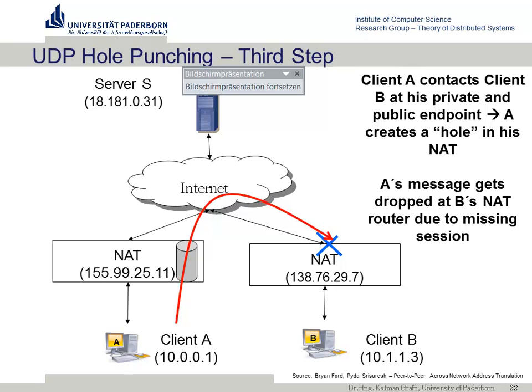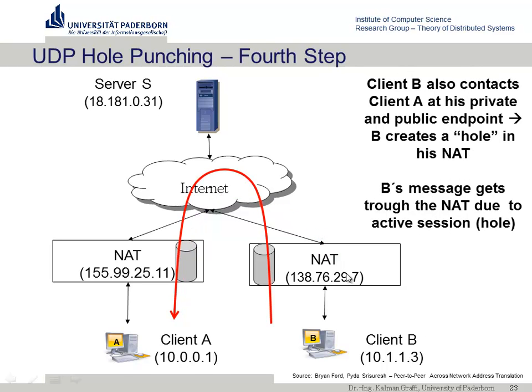So this can be used by B to send back a reply based on this open hole in the NAT.